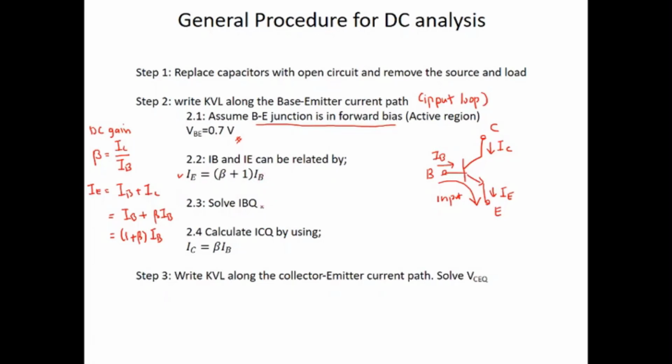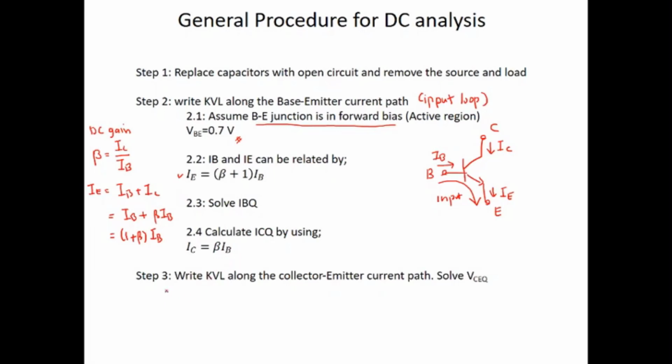Next, you can solve this IBQ from the KVL, and once you have the value for IBQ, you can get the ICQ by using beta. Now you have solved the IC.